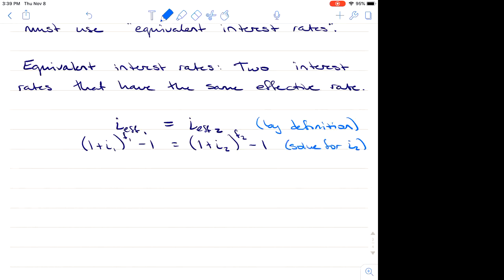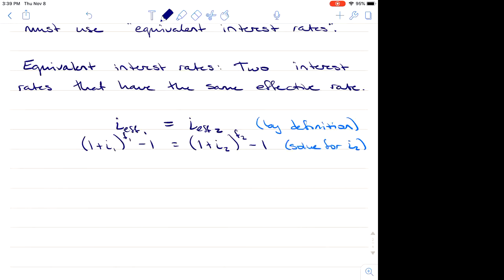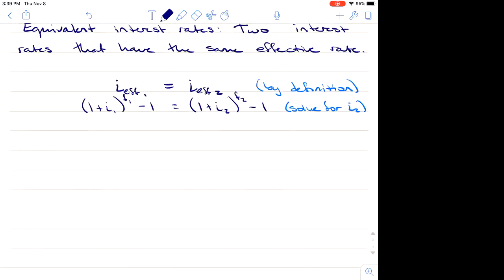Nothing to it but to do it. I'm not scared. We're going to add 1 to both sides. I'll show all my work. Minus 1 plus 1, so 1 plus i2 to the power of F2. These are going to go away.